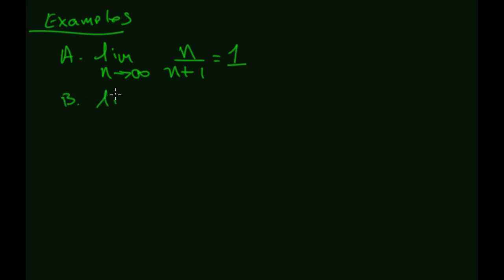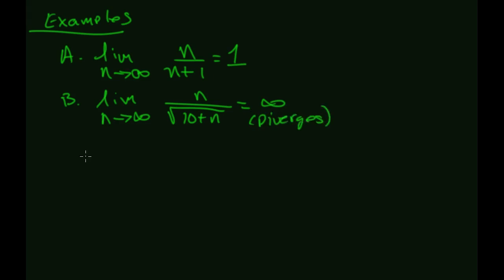If I take the limit as n approaches infinity of n over square root of 10 plus n, the fastest term in the numerator is n. The square root of n is the fastest term in the denominator. n goes to infinity faster than the square root of n, so this is going to be infinite. So we say that this diverges. There is no specific limit.